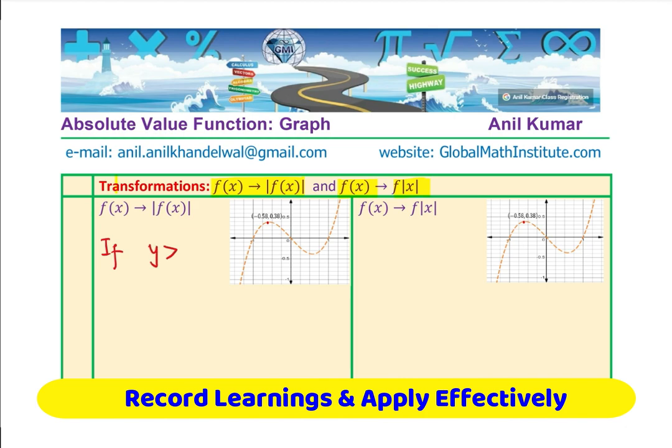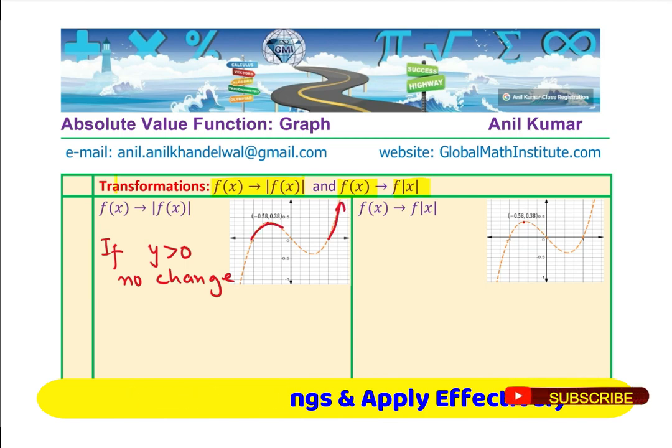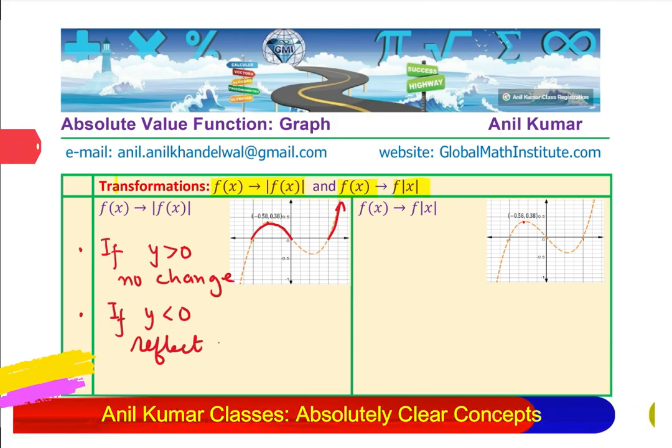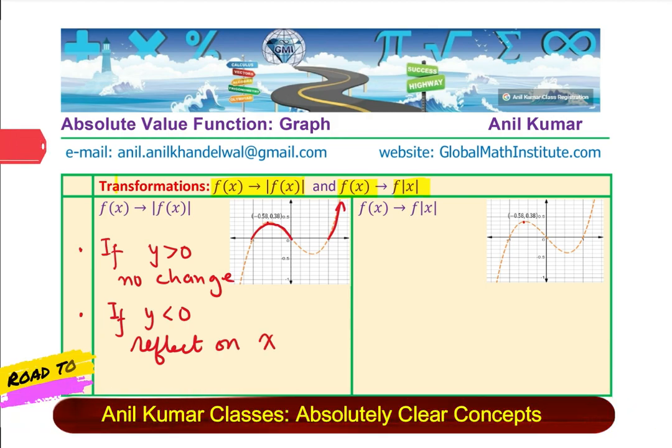y is greater than or equal to 0, no change. So in this graph, wherever it was positive, it remained so, correct? No change. And if y is less than 0, then reflect on x-axis.